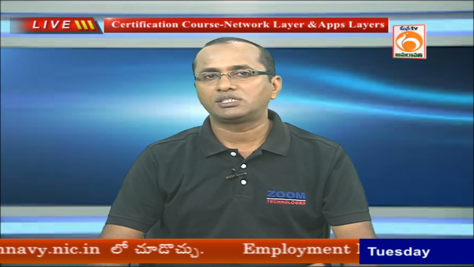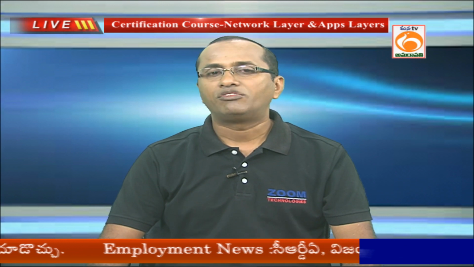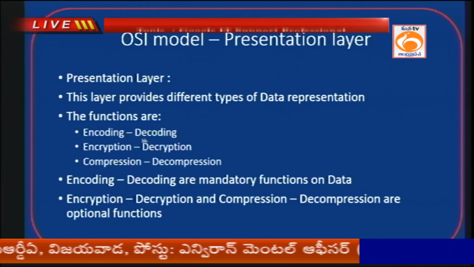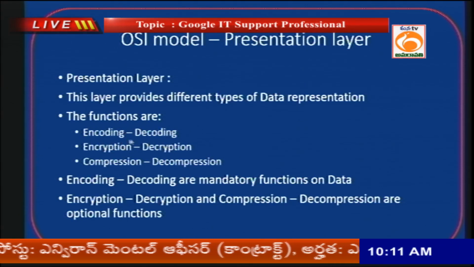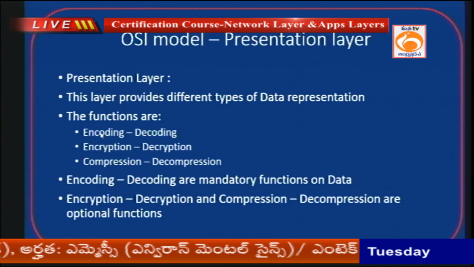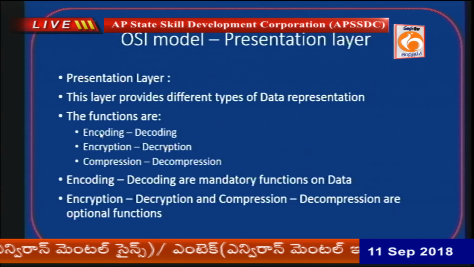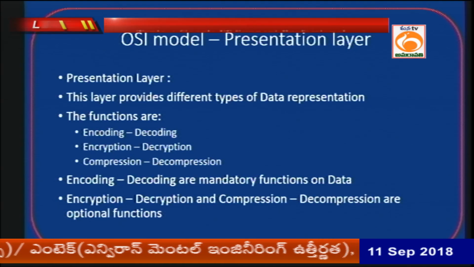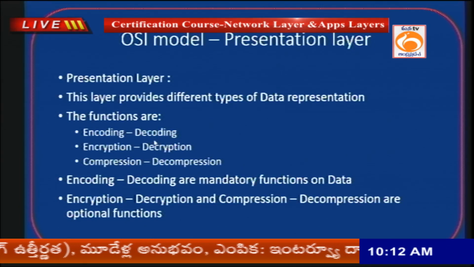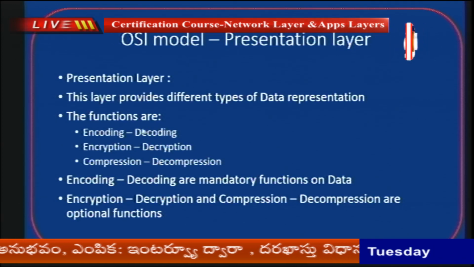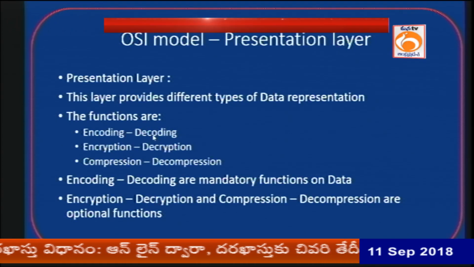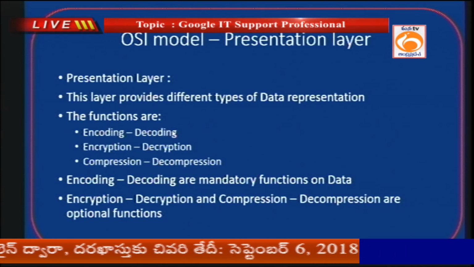So, this process requires the functions called encoding and decoding. The server computer or server device will encode the text in the text format, image in the image format, and voice and video in their respective formats, and send the information to the destination, which is the user. On the destination device, the computer will decode and display the information in the web browser or the corresponding application.